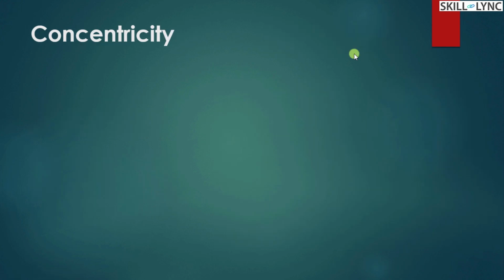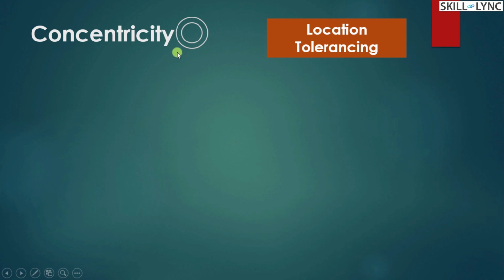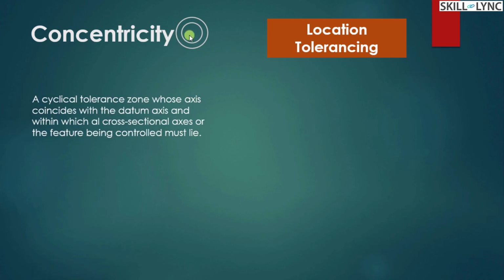So next we have concentricity. This is also a part of your location tolerancing that is represented by two concentric circles. So what it means is, it is a cylindrical tolerance zone whose axis coincides with the datum axis, and within which all the cross-sectional axes of the feature being controlled must lie.